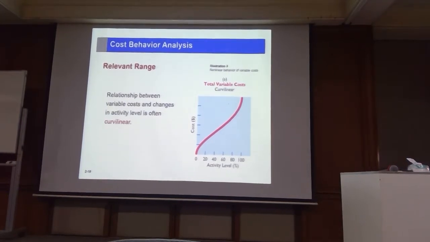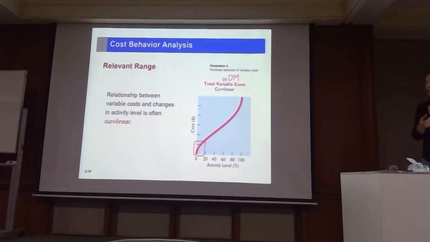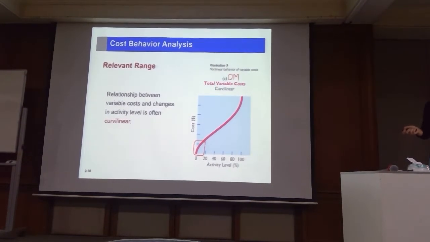At the first part, around this area, let's assume that your variable cost here is your direct material. We know that direct material is one of the examples of variable cost. Think about if you produce so little, when you buy your direct material from your supplier, you may buy at 5 baht per unit. But how about if you produce more?